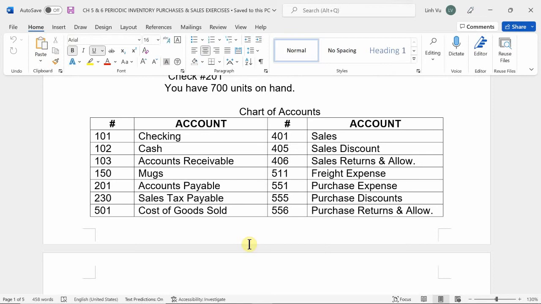Correct. What else do I need to include? I sold to customer A, right? So Sales, and sales tax.